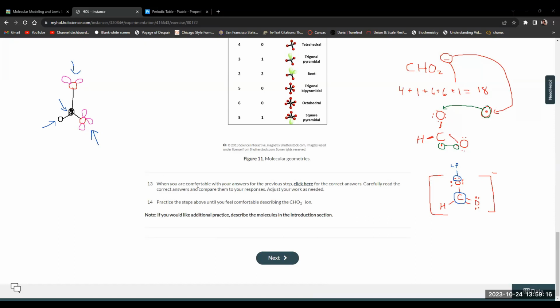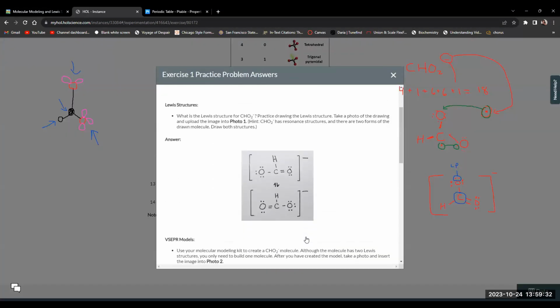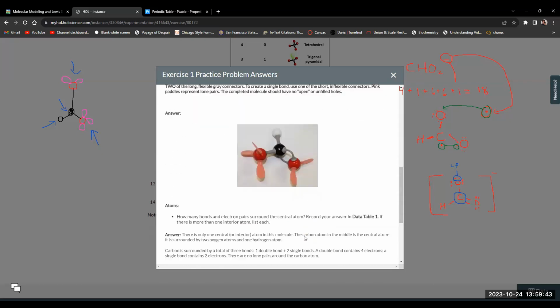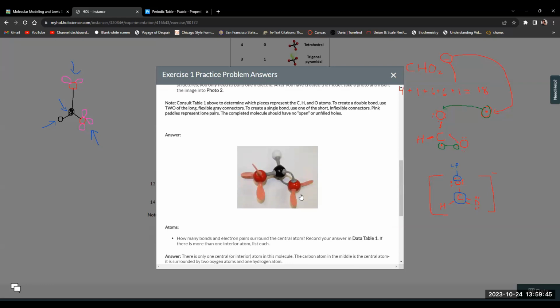So here it says, when you're comfortable with your answers for the previous step, click here for the correct answers, then carefully read why the correct answers are what they are and compare them to your responses, and rework if needed. So this is what it should look like when drawn. Oh, that's how you do it. That's funny.